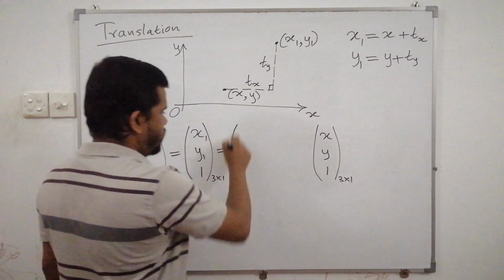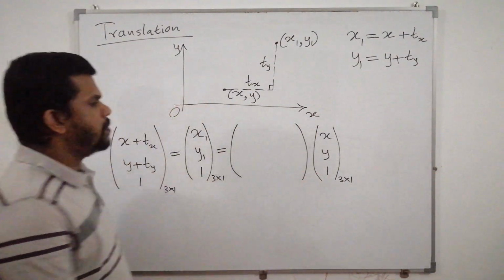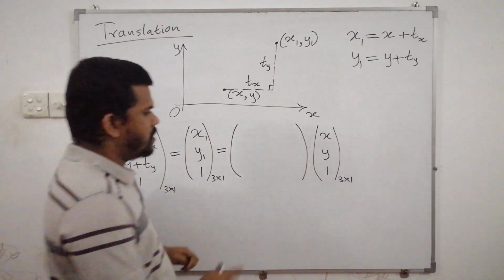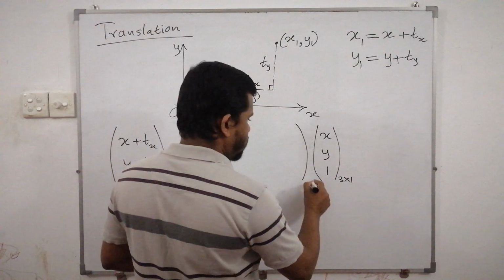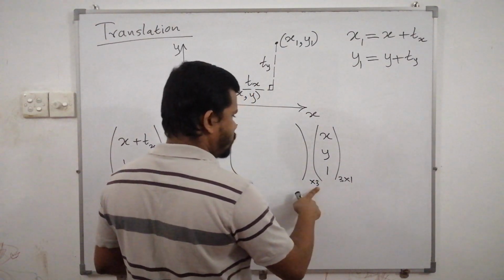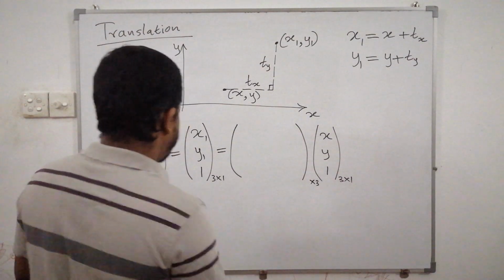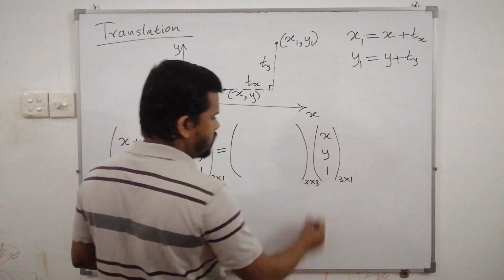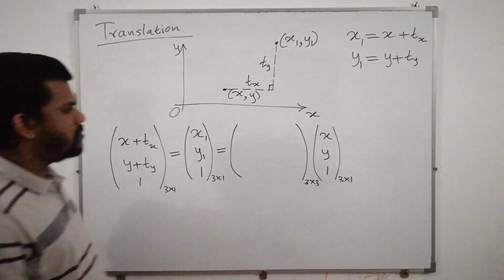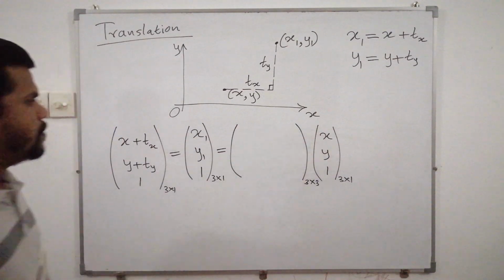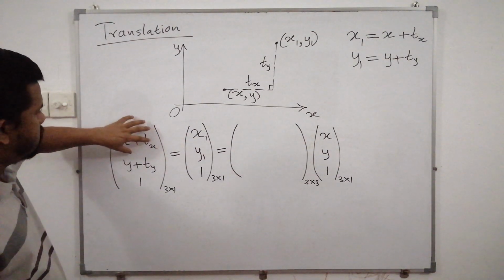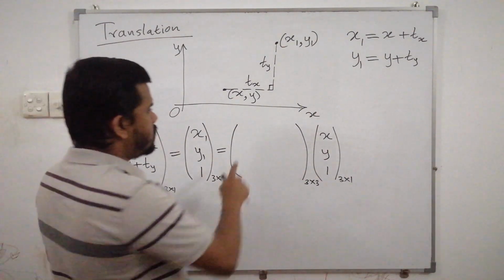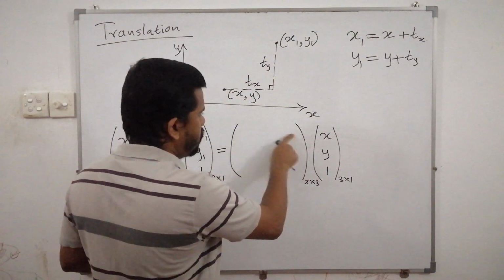So now here we have to find the matrix. In order to be able to multiply these two matrices, the type of this matrix must be something cross 3. Here 3, therefore here we must have 3. Now the number of rows of this matrix is 3, therefore here we can get 3. Now this is a 3 cross 3 matrix. So in order to get the first term here, now we have to think about the first row.